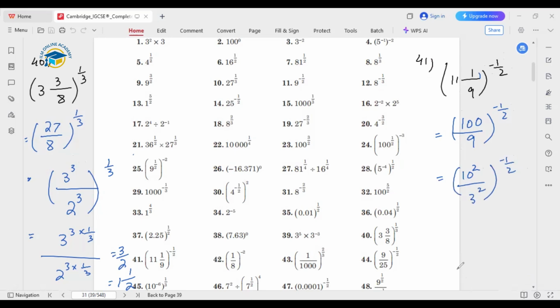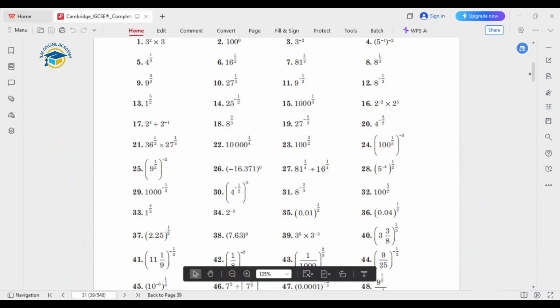Writing negative 1 by 2 with both of them separately. Like this. Both powers will have a negative sign, so you can just make it positive by bringing this 3 in the numerator and 10 in the denominator. So this can also be one way. So 0.3 will be your answer. I hope these are getting clear. So let's move on to the next part.